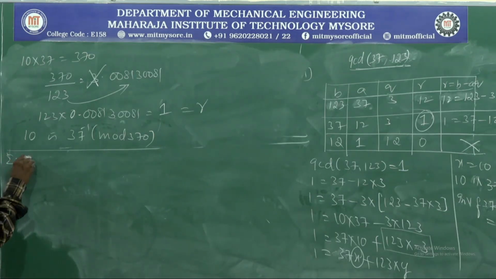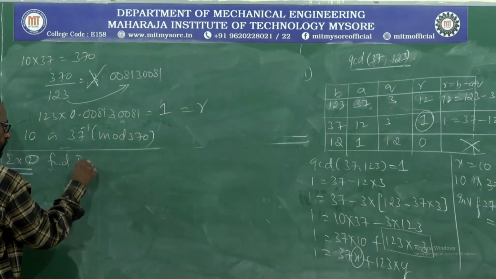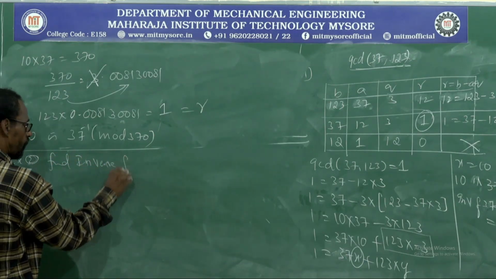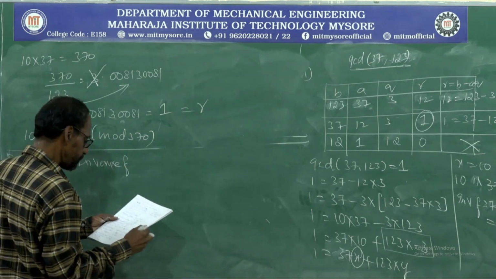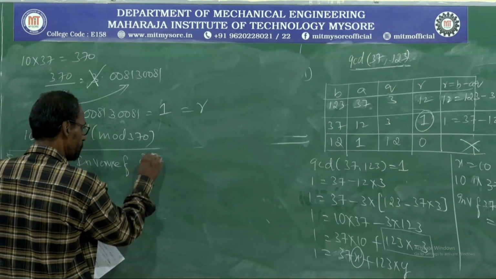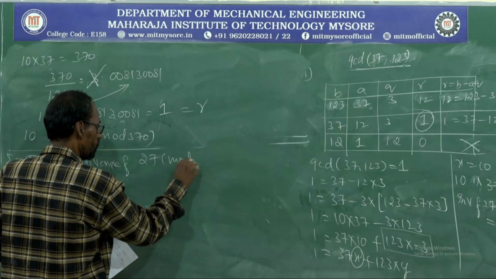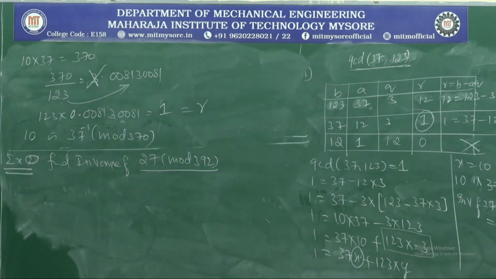Example number 2. Find the inverse of 27 mod 392, and verify your answer.